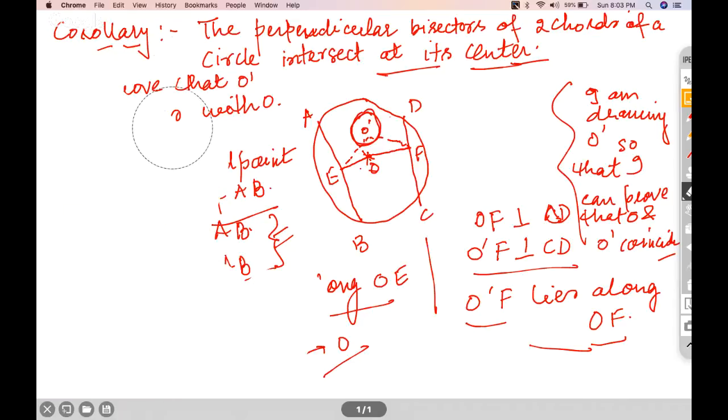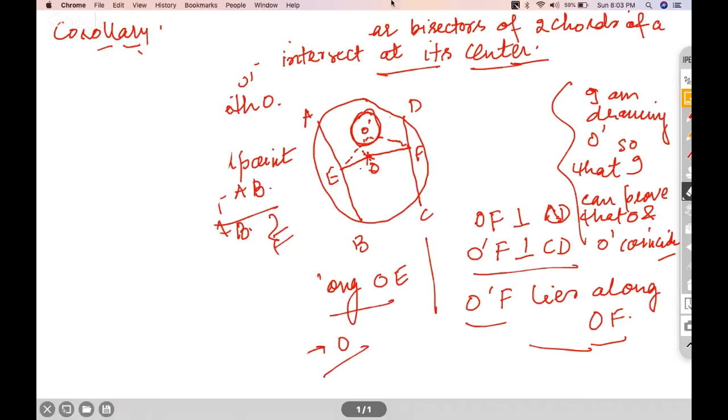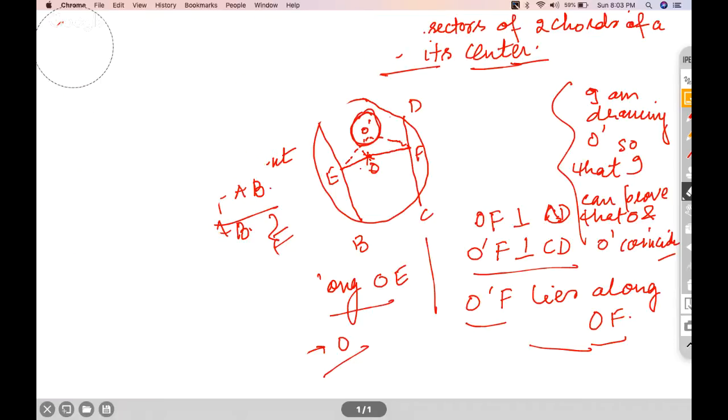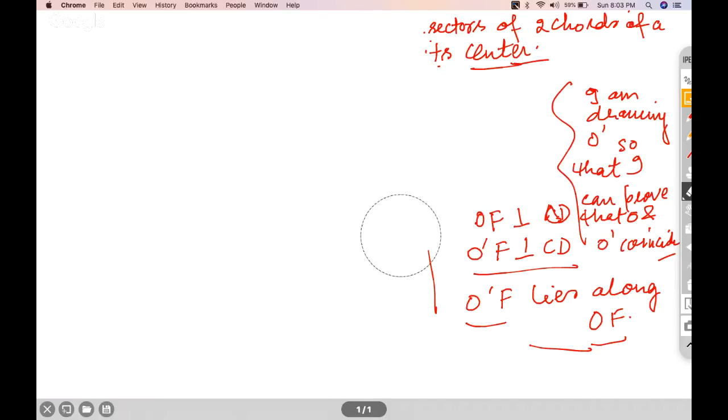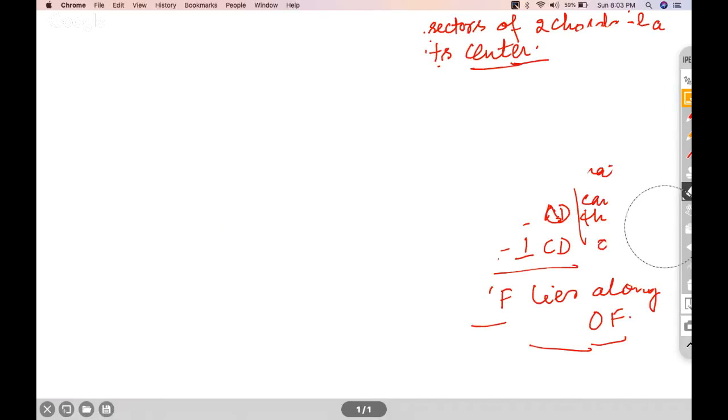Now let me move to another theorem, which is theorem 8.